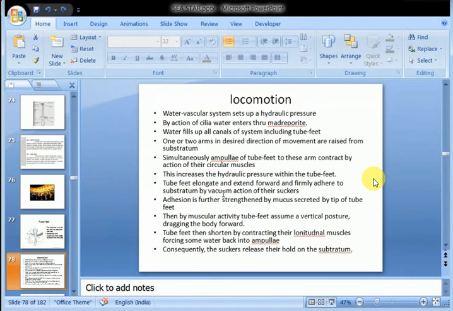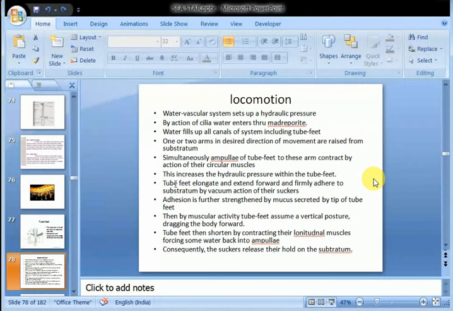They are free, and the ampulla is contracting, pushing water into the tube feet, so they are extended. They elongate and extend forward, and then they firmly adhere to the substratum by the vacuum action of their sucker. Once attached, the whole body arches and moves forward.